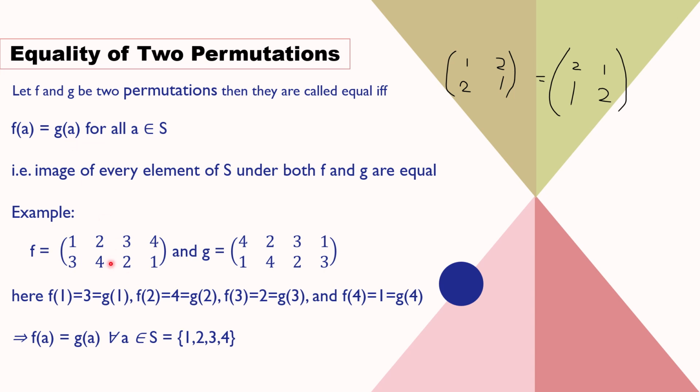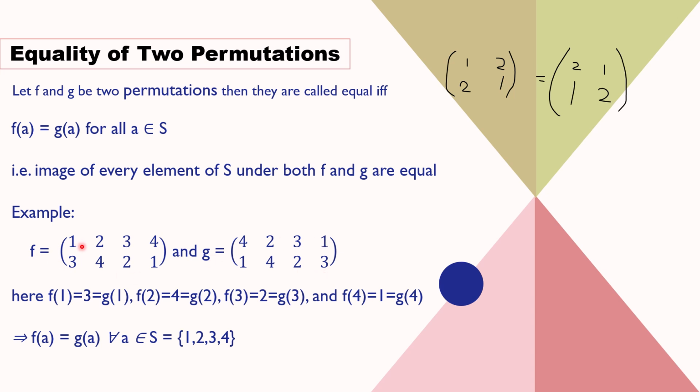Okay, what do we mean? Let's suppose we have one permutation f, which is 1 2 3 4 and then 3 4 2 1. Then we have another permutation g, which is 4 2 3 1, and then the images are 1 4 2 3. Now, let's suppose a is 1, f of a is 3, right? Similarly, in g, if you look for 1, g of 1 is what? 3.